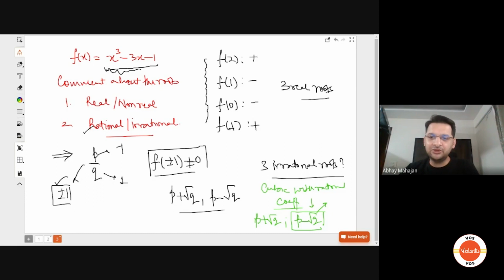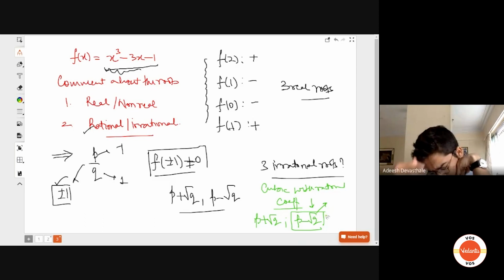Will the other root be P minus root Q? Yes or no? Yeah, I think it should be.